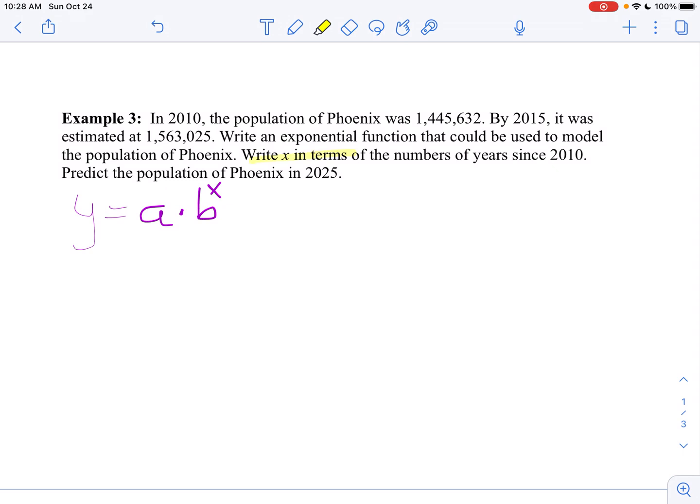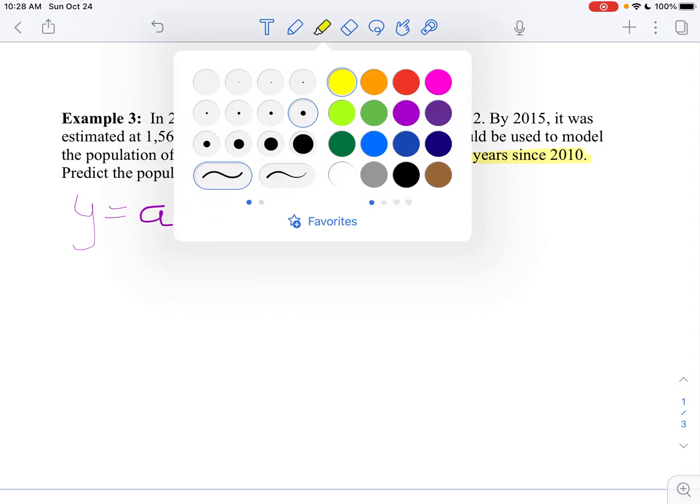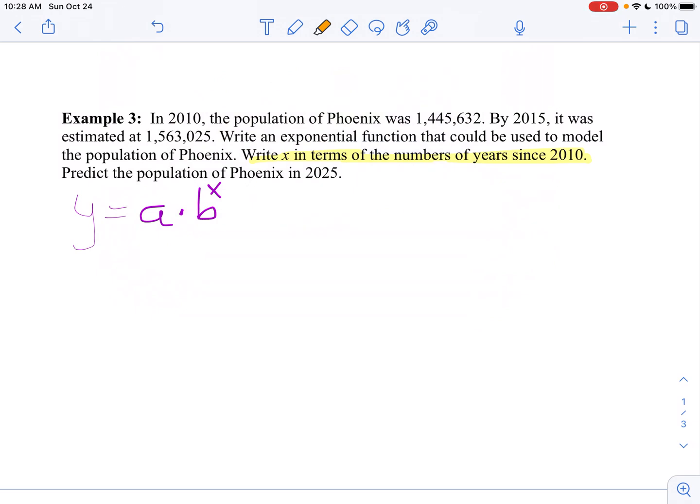That's our key here. When we define our variable, x is going to be the years from 2010. And then after we're done with that, we want to predict the population of Phoenix in 2025. So we're going to have two answers here. First, we're going to come up with our equation. Then we're going to use that equation to predict the population in 2025.